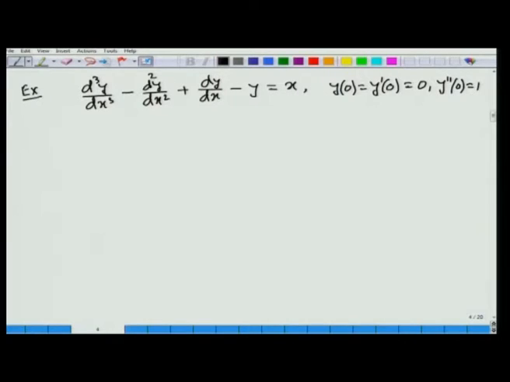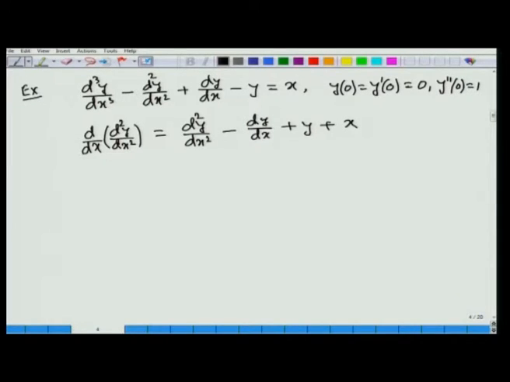So, if we proceed in a similar manner, first of all from the given equation we can write d dx of d2y dx2, that is equal to it will be equal to d2y dx2 minus dy dx plus y plus x.